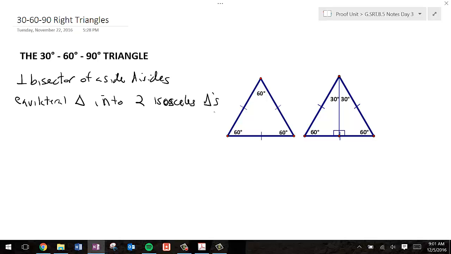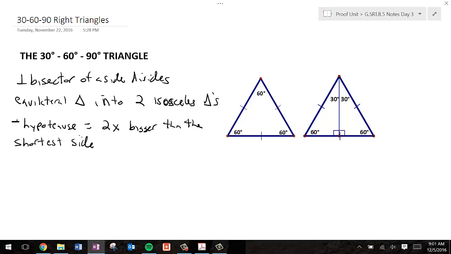Sorry about the misspelling there. And what happens is this creates the hypotenuse of your new triangles is 2 times bigger than the shortest side.